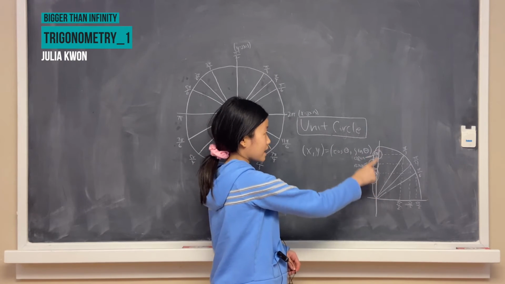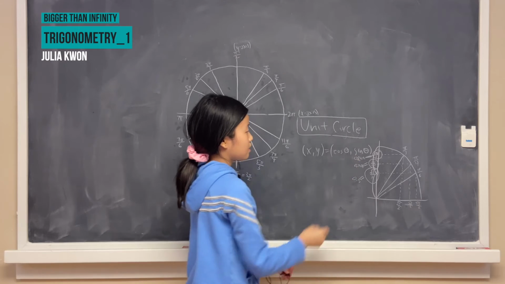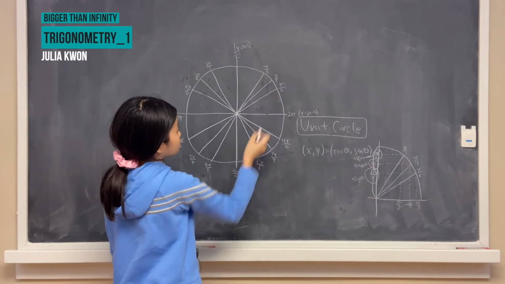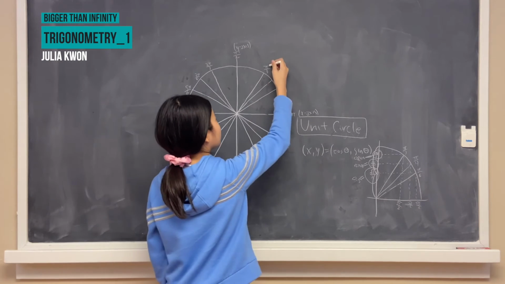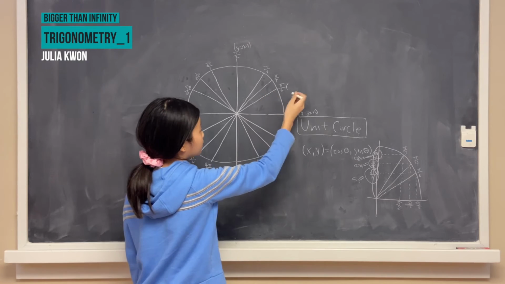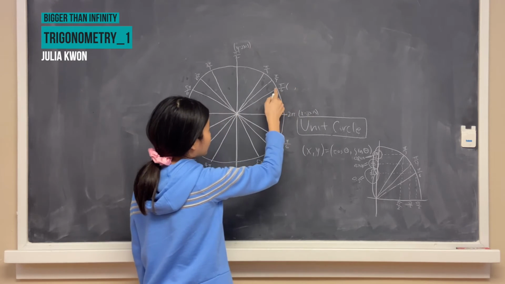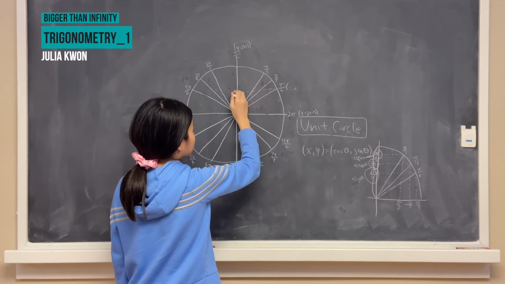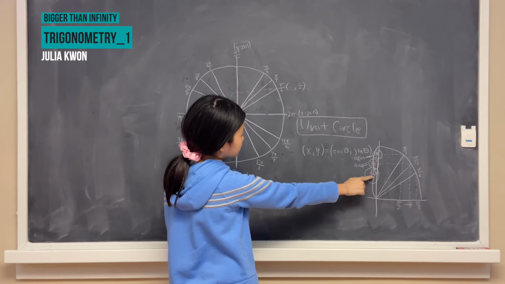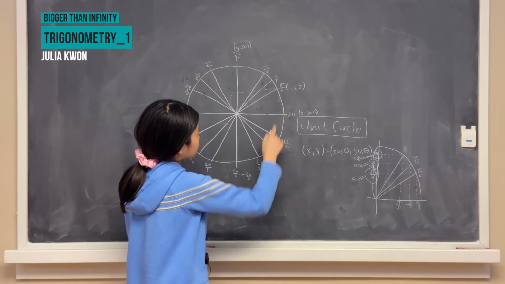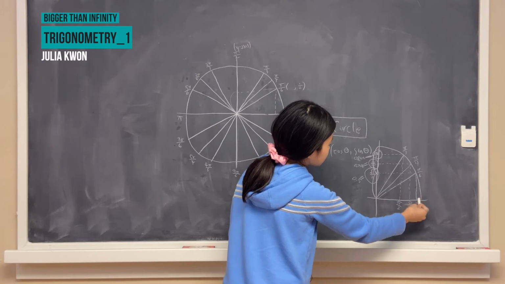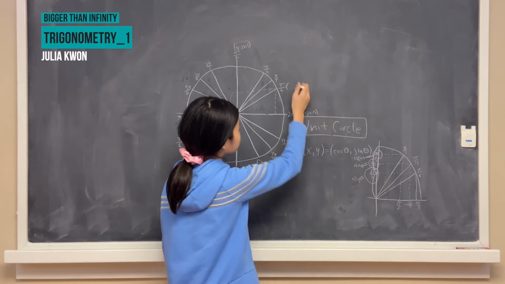So the y-axis is the sine theta, and here at pi over 6, the sine theta would be 1/2, like I wrote here. And for the cosine, we would have here square root of 3 over 2.